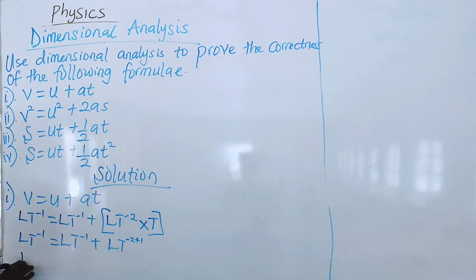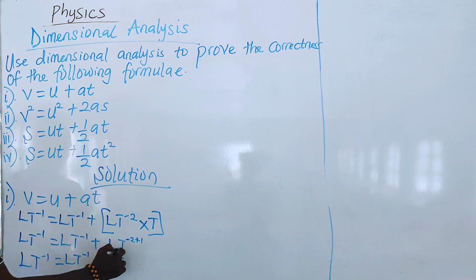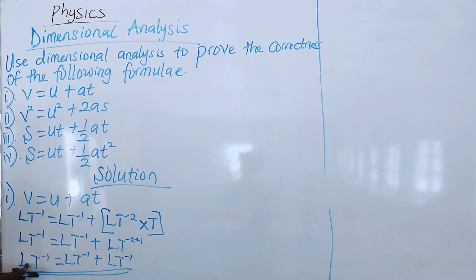So that will give us LT minus 1 is equal to LT minus 1 plus LT minus 2 plus 1. That will give us minus 1. So let us verify, is the equation dimensionally correct? LT minus 1 is equal to LT minus 1 plus LT minus 1. Yes, the equation is correct.